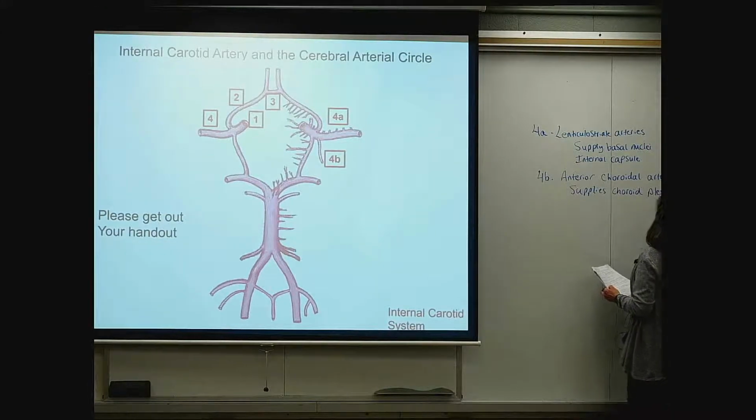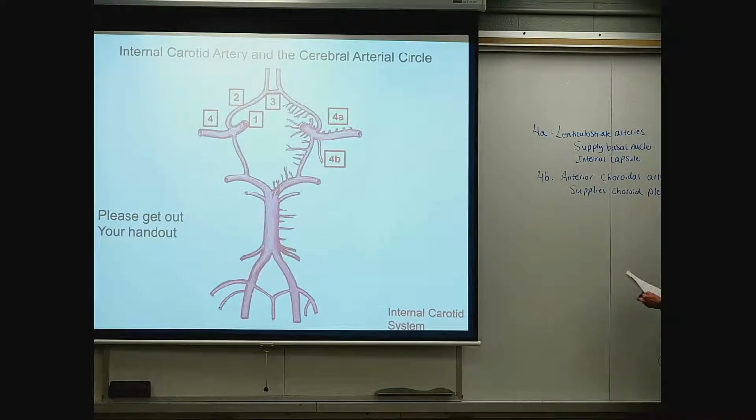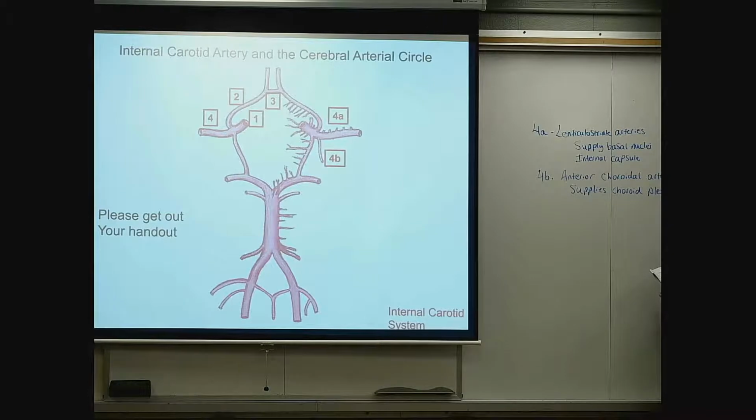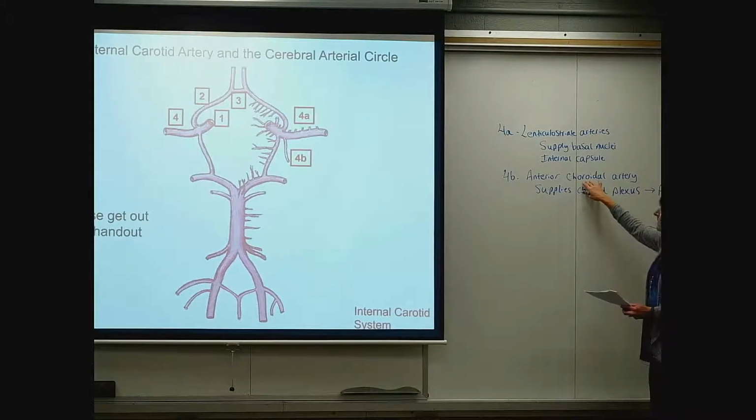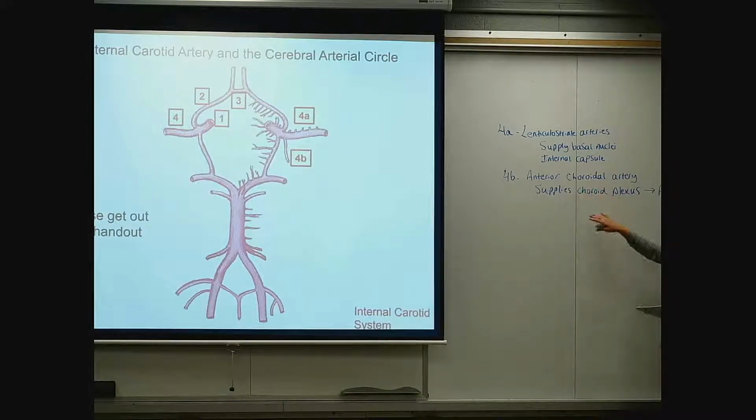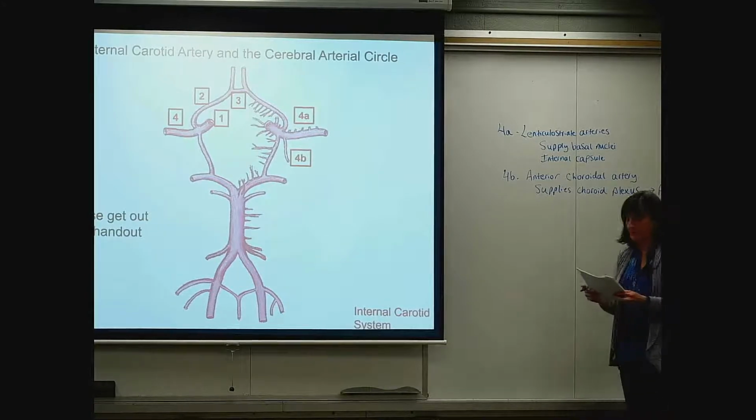What the choroid plexus does is it produces cerebrospinal fluid. So if we have a blockage in our anterior choroidal artery, we might have a decreased production of cerebrospinal fluid, which could cause other problems.